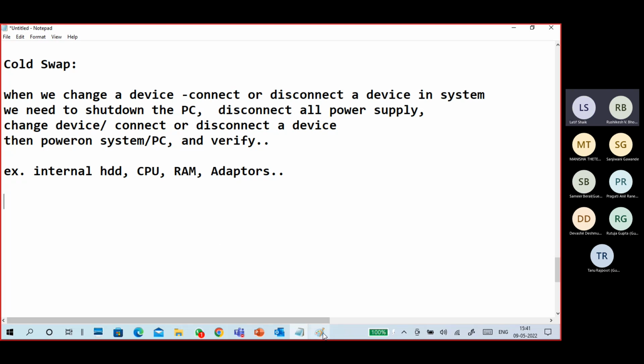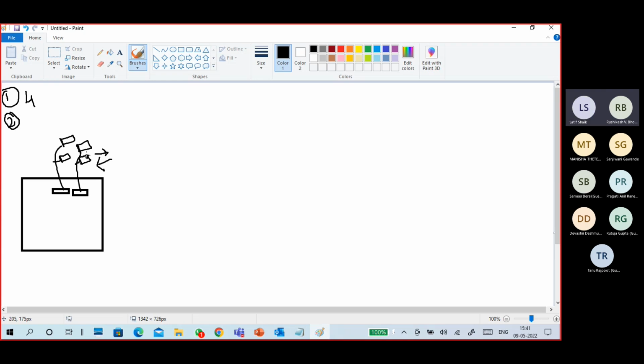The question is, guys, listen. Mine is a server. My hard disk is connected. It contains important data. Multiple users are accessing my data. Now some other disk got a problem, not this disk. My disk is working fine, data is there, people are accessing.